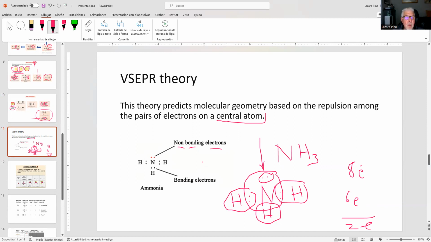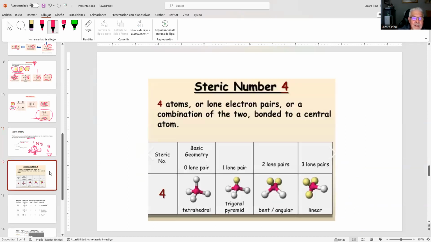Now, these electrons will repel the hydrogens, and that's why the molecule will have a specific structure that I will show you in a few minutes. Look at this. Here we have 4 atoms.